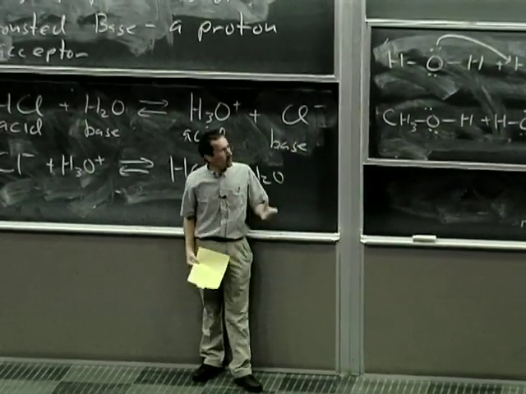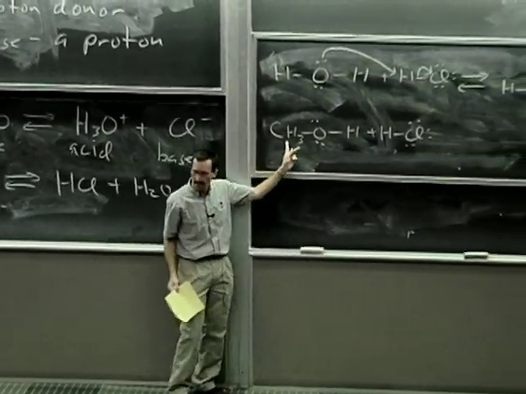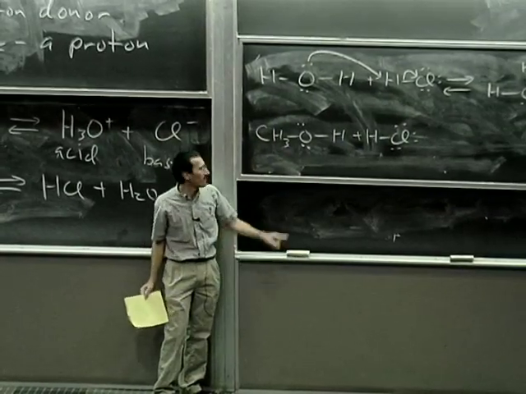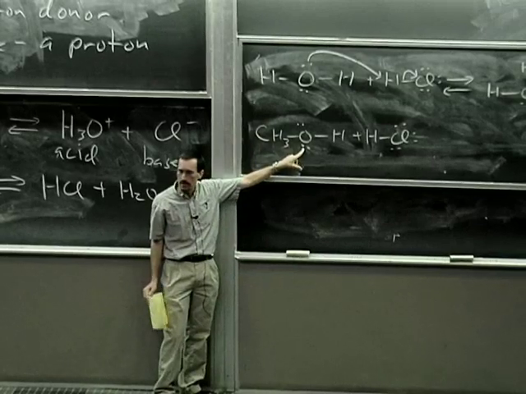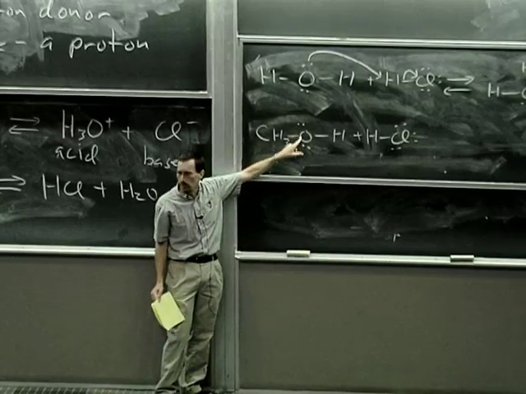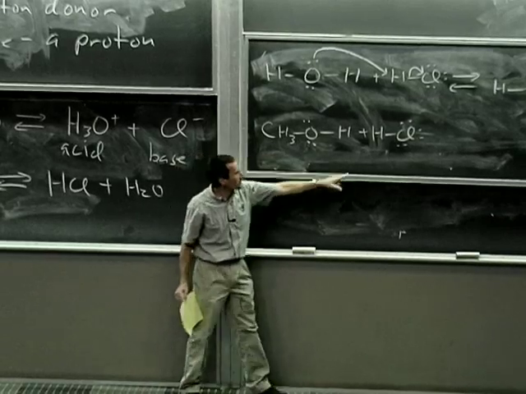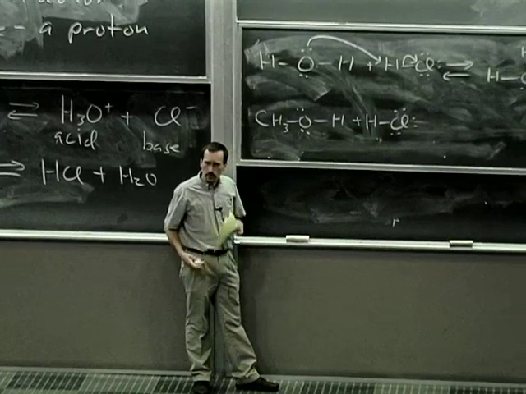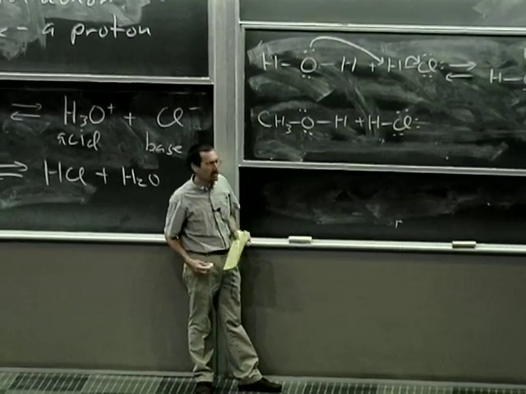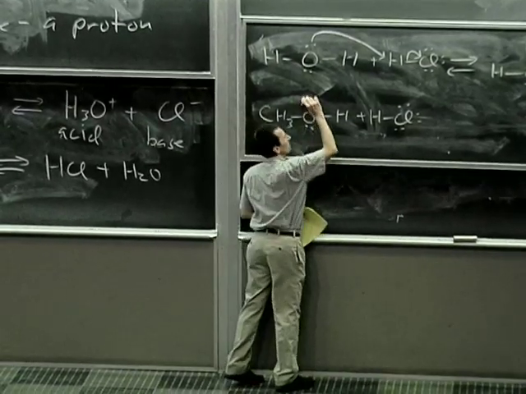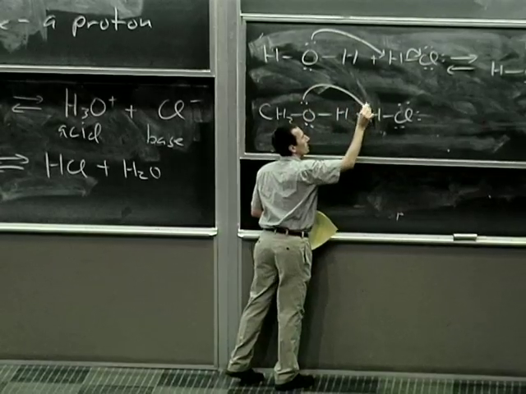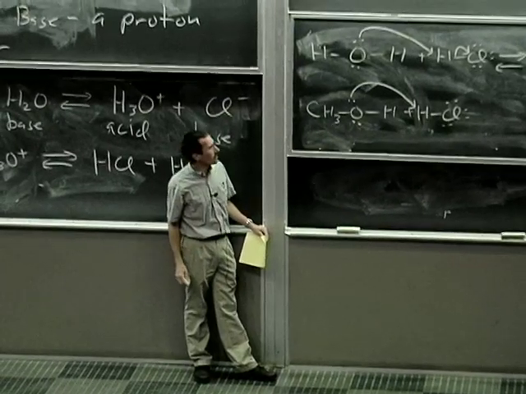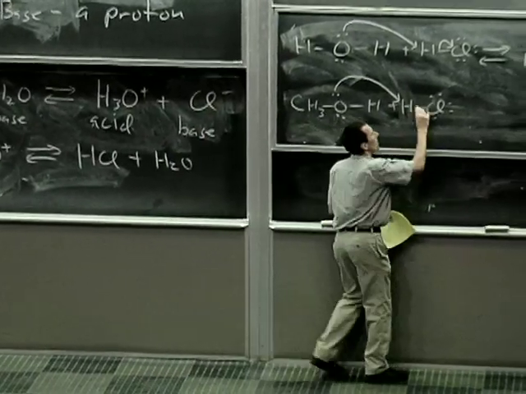Methanol looks a lot like water. The only difference is we have a methyl group instead of a hydrogen. We still have an oxygen, it's still sp3 hybridized, we still have a lone pair of electrons, and the other component in this equation is the same. So it shouldn't be a great leap to predict that we should see a similar reaction in which electrons flow from the lone pair on methanol to the proton.